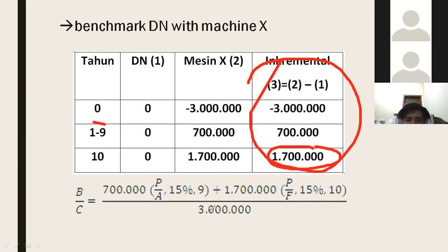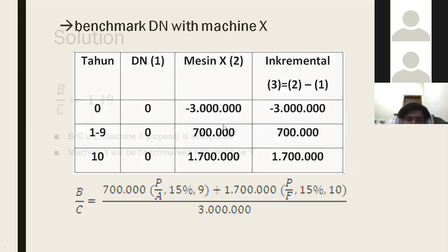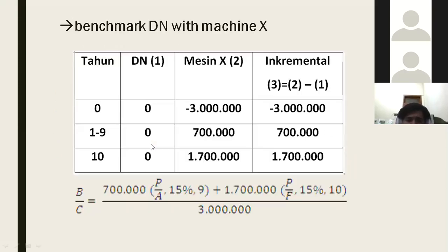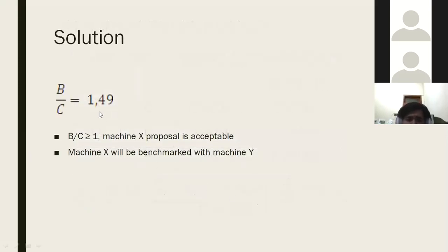And then I have 3 million. So 3 million is represented by the initial investment. I put it directly into the denominator. Got it? And just do the calculation. This is basic calculation. Just compute all the numbers in here, and then it will end up with 1.49.